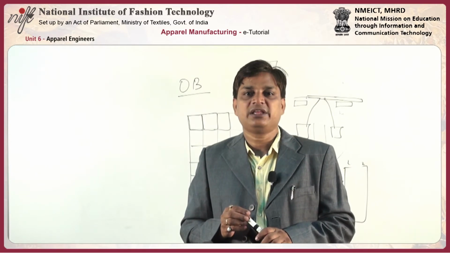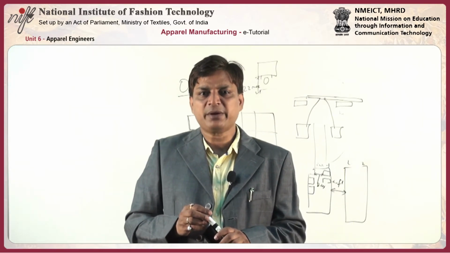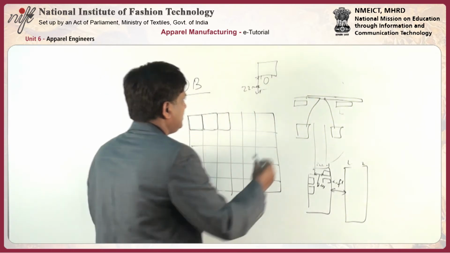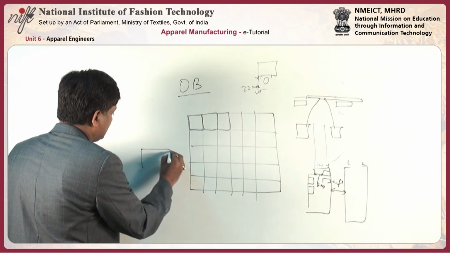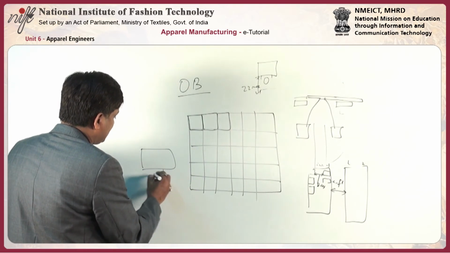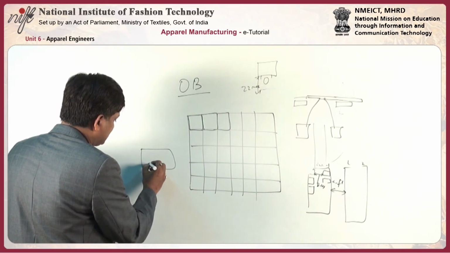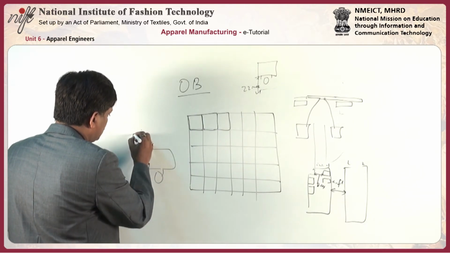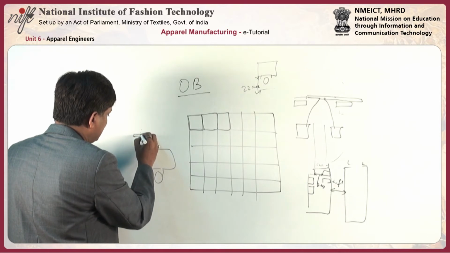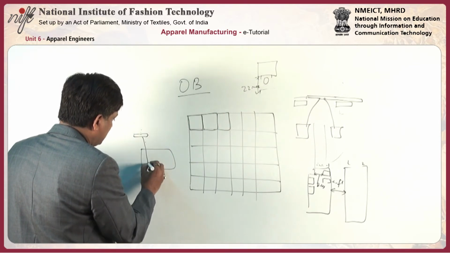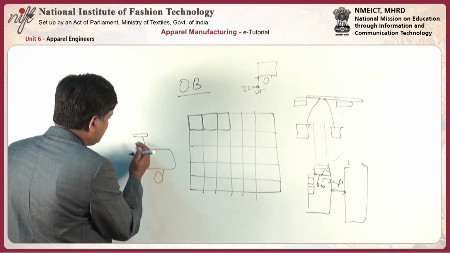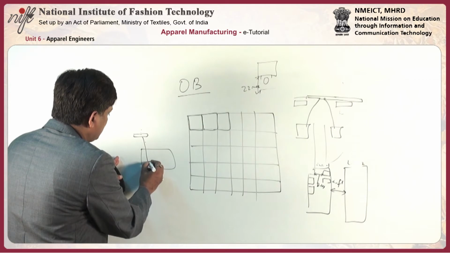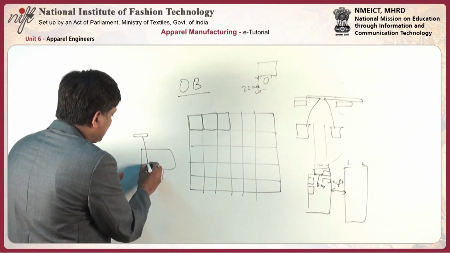And light should be properly positioned perpendicular to the machine head. If you talk about the light, this is the machine and the operator is sitting here, and this place is the needle point. The light should be here, slightly on the left side of the operator, but not at too much of an angle, because there should not be any shadow at the needle point.